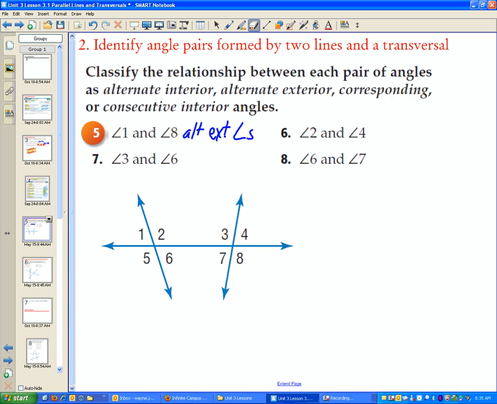All right, number 6. Angle 2 and angle 4. What are they? They're corresponding. They're both above the transversal, and each one is to the right of its other line. So, corresponding angles.